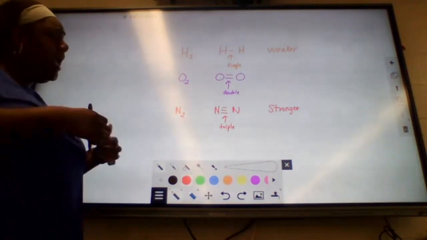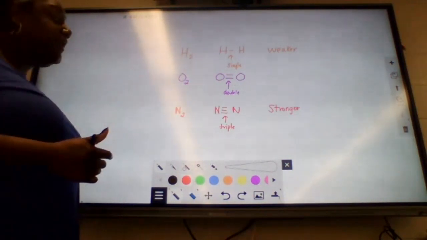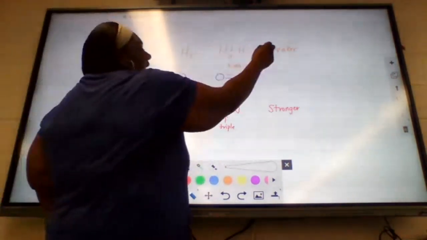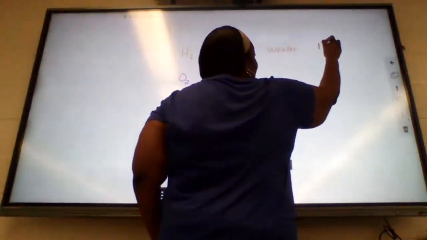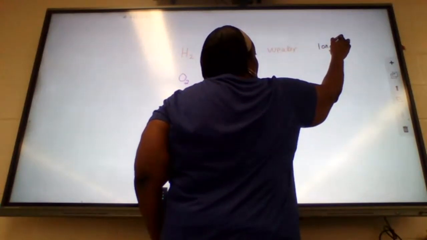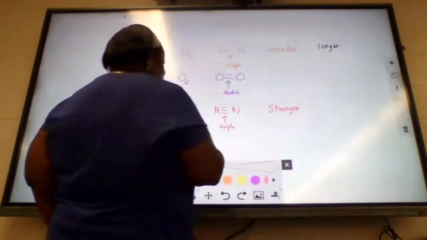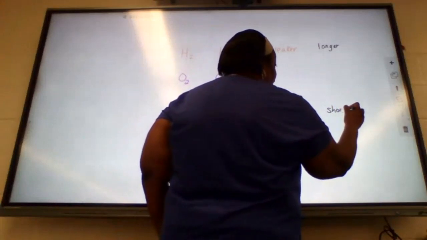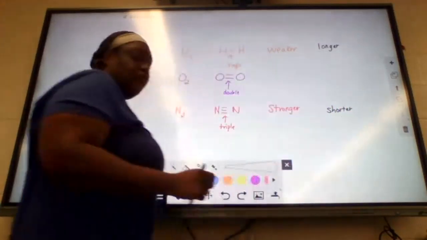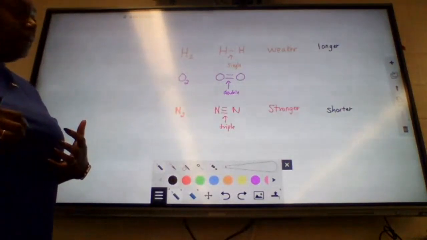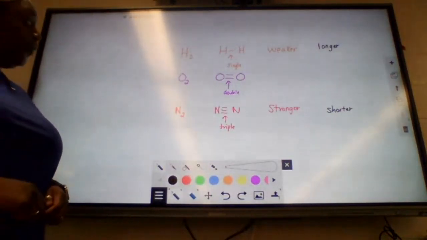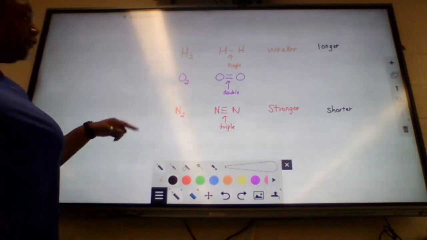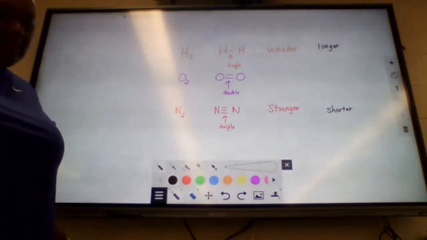of electrons. But when I look at the length of the bonds, what I find is that a single bond is going to be a very long bond. But a triple bond, where I'm sharing 3 pairs of electrons between these 2 atoms, is going to be shorter, with the double bond being in the middle on both strength and length.